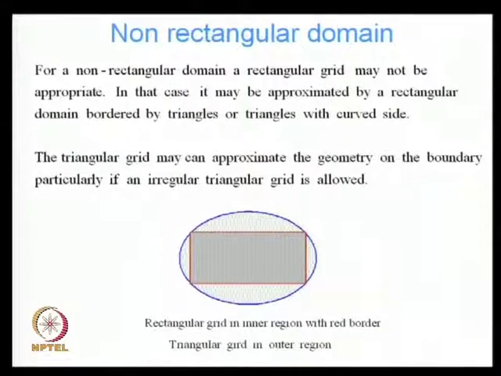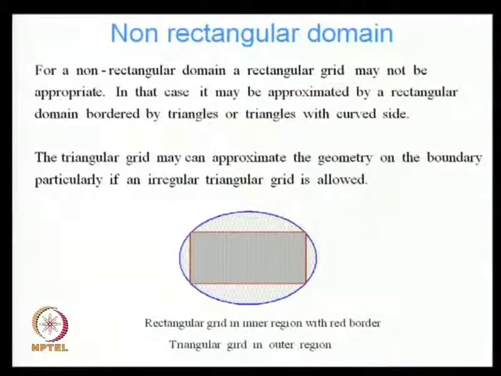But with any real domain, it is almost always possible to divide it into a rectangular grid, and then in the part where I cannot have a rectangular grid, I can have a triangular grid there. So it is very important that we be able to approximate our differential operators on a triangular grid.